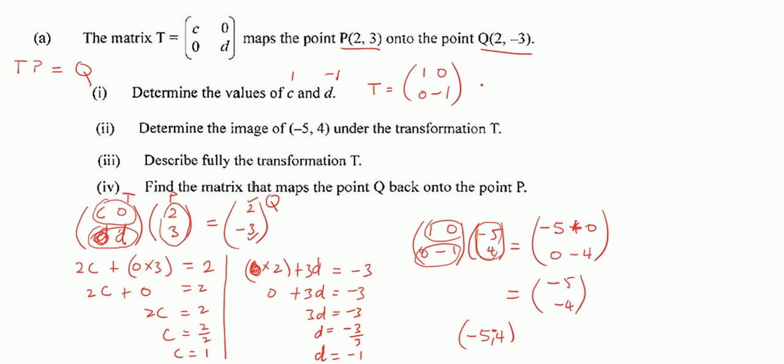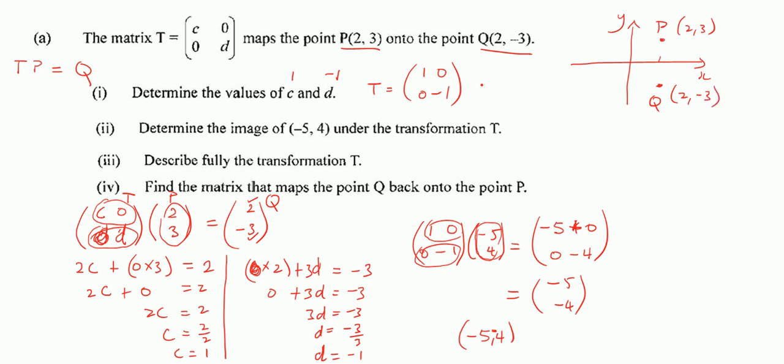Now let's go back and do a quick sketch. In the exam, you might not remember what a specific matrix represents. If we look at the point P, which is 2, 3, the image under transformation T is Q, which is 2, minus 3.